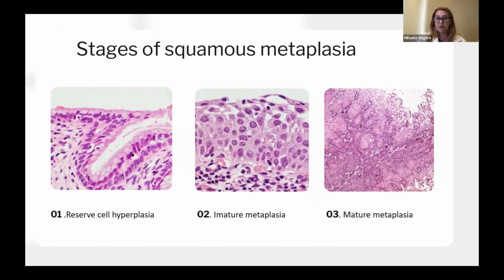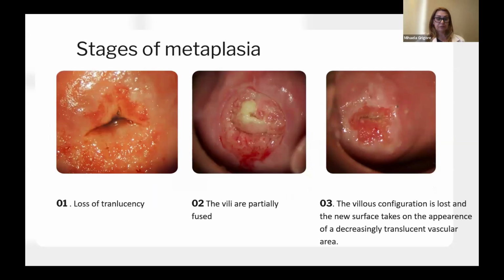Remember, I told you that in the single-layer columnar epithelium, we have some cells called reserve cells. So this reserve cell will become hyperplastic. Then immature metaplasia will appear, and then the process will finish by the mature metaplasia.